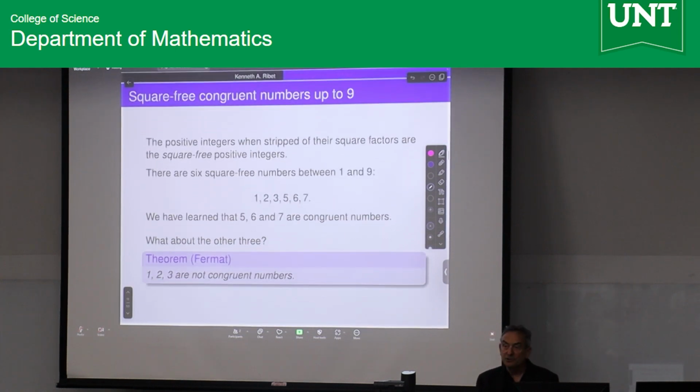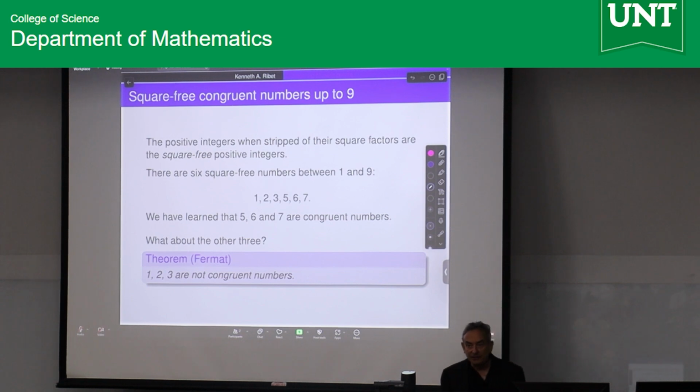So if I take the square-free numbers, if I take the numbers less than 10, we're only talking about non-zero numbers, so it'd be 1, 2, 3, 4, 5, 6, 7, 8, 9. But among them, there are some numbers that are not square-free. For example, 4 is not square-free, it's actually a square. And 8 is not square-free, it's a square times 2.